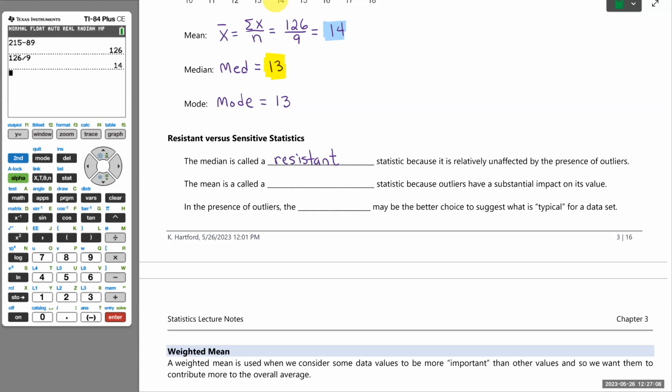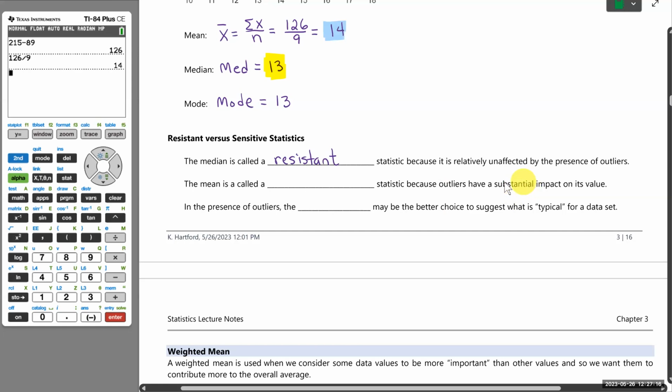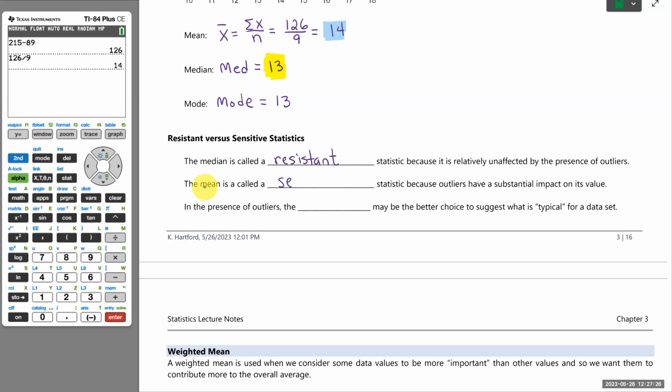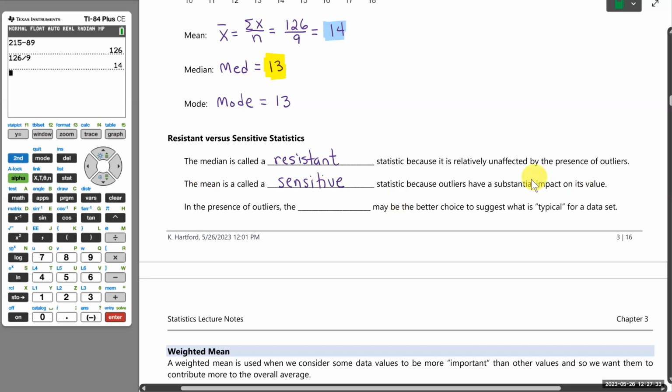The outlier, the 89-year-old over there, doesn't affect the middle significantly, but the mean had a pretty substantial difference when we had the outlier versus not. Up above it was 21.5, and then it dropped to 14 when we took out the outlier. So we call the mean sensitive. Sensitive to outliers means you're going to see a substantial impact on its value.